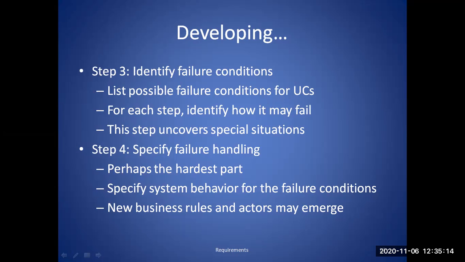So the fourth step is specifying the failure handling. If a particular scenario fails, under what scenario did a step or sequence of steps cause the problem? If you are not able to put a solution for that, it will be a problem for us. So it is the hardest part of defining it. Specify the system behavior for the failure conditions also.